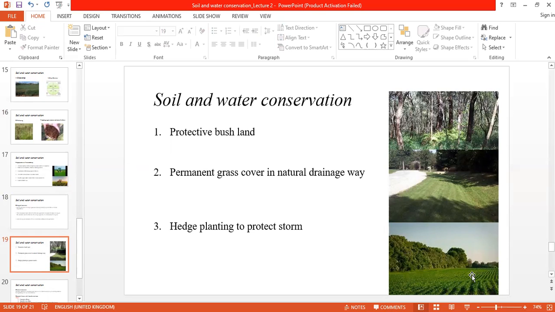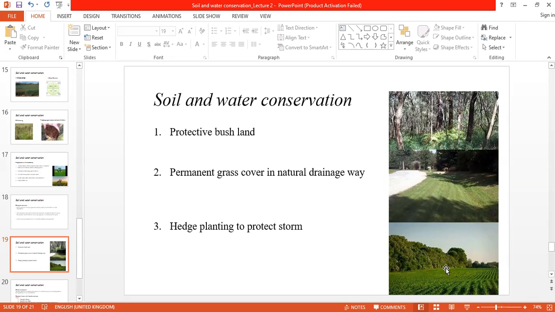When we come to water conservation, you realize that this will also help to conserve water, and we're going to see how that is done. But in this case, we want to make sure that as the wind is coming, it's not carrying away the soils which are in this area.